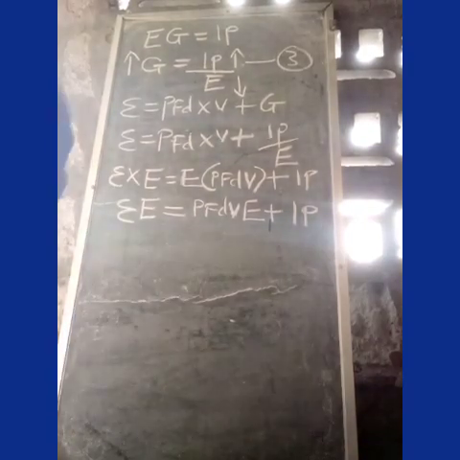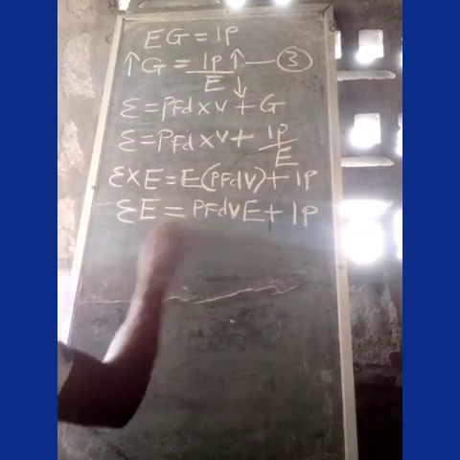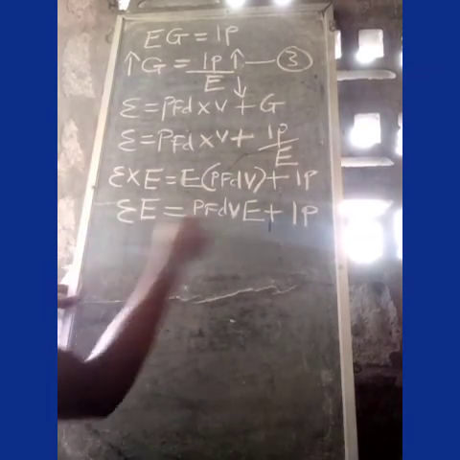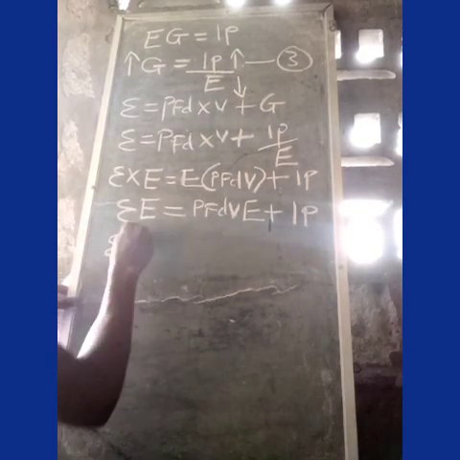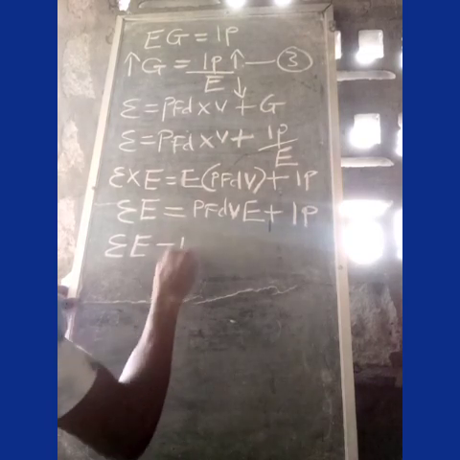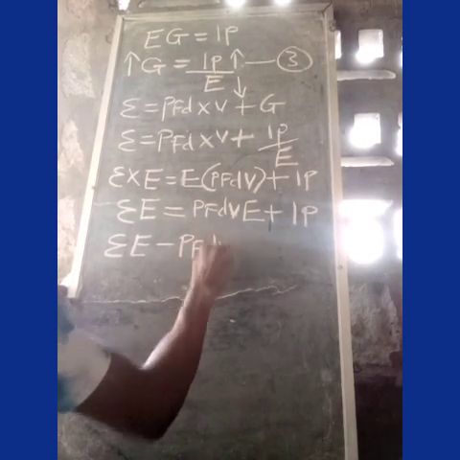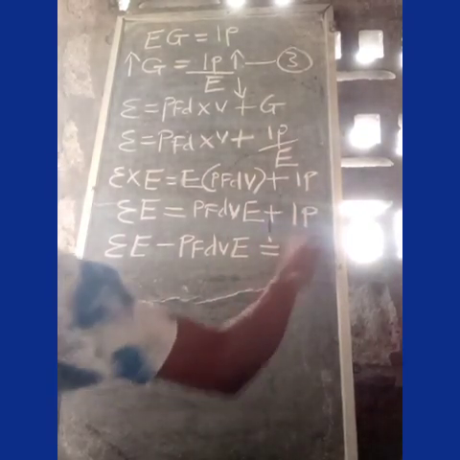What we do right now is collect like terms. E is here, entrepreneurship. Let's collect like terms. We'll be having E minus PFDVE equal to IP.